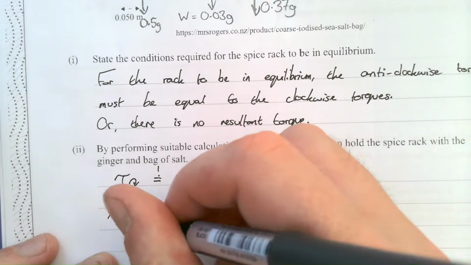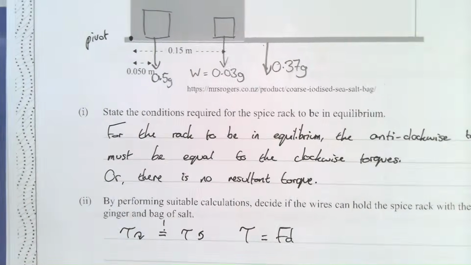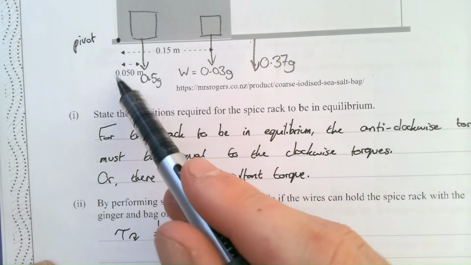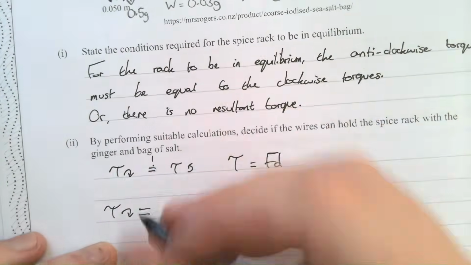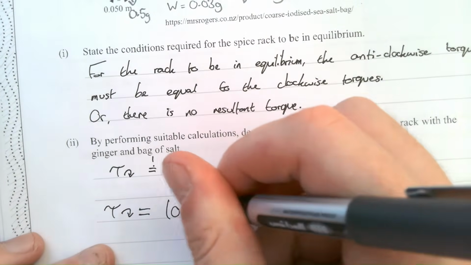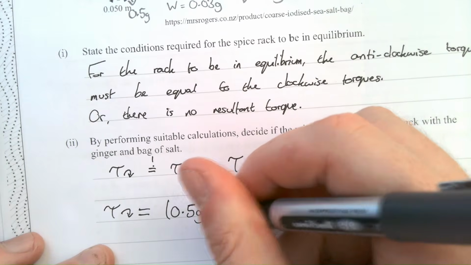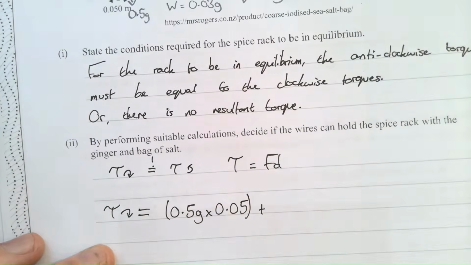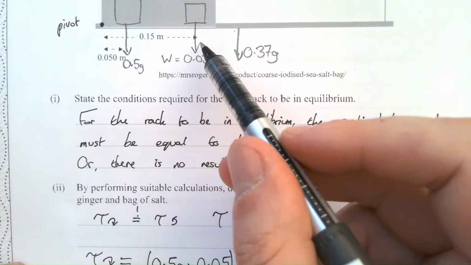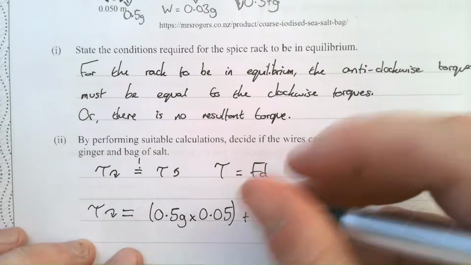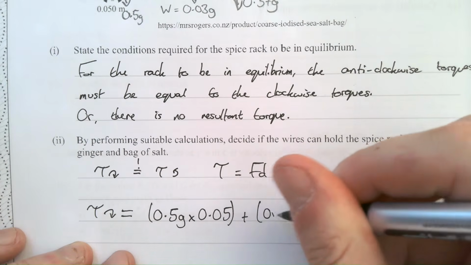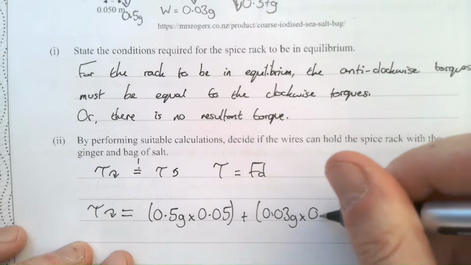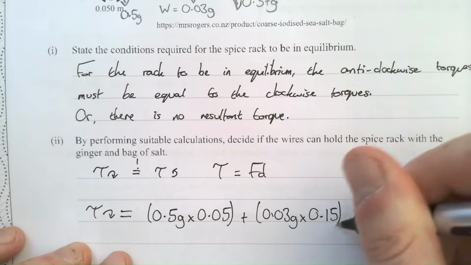So my first force is the weight of the salt, 0.5 g, multiplied by the distance of 0.05. Close the brackets, and I'm on to my second object, my ginger. Same idea again, 0.03 g multiplied by its distance, which was 0.15 meters.